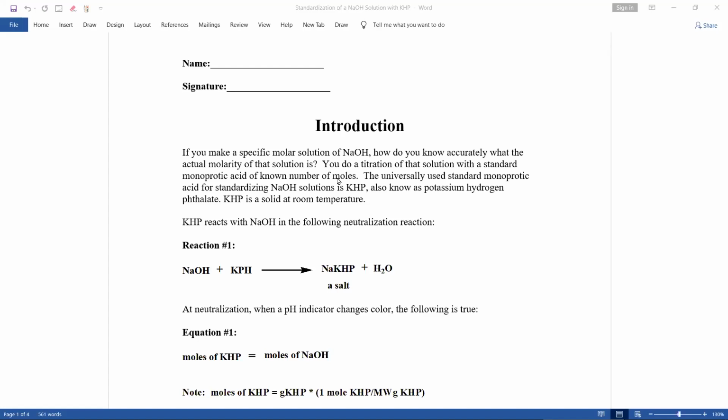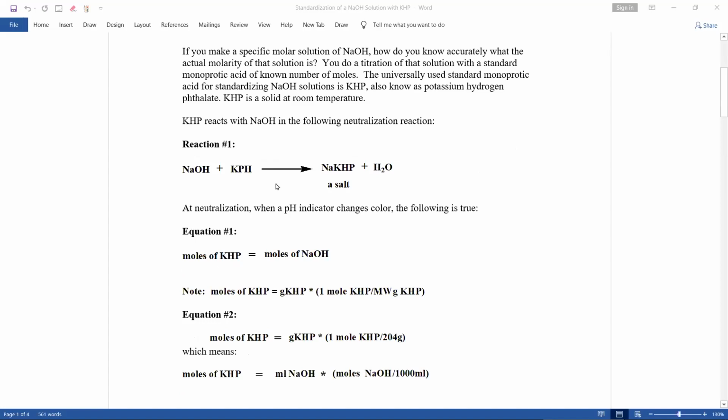And KHP is a solid at room temperature. Now, when KHP reacts with sodium hydroxide, KHP has an acidic proton. It donates to the sodium hydroxide, and you get a salt plus water. At neutral pH, that's when the pH indicator changes color, the following is true.